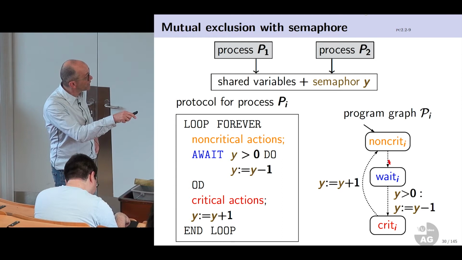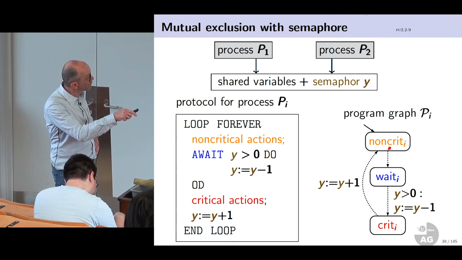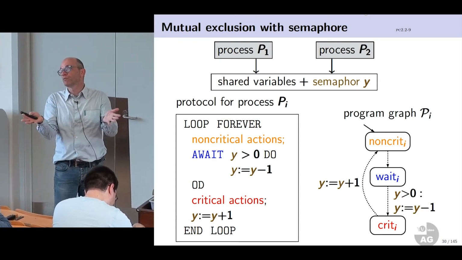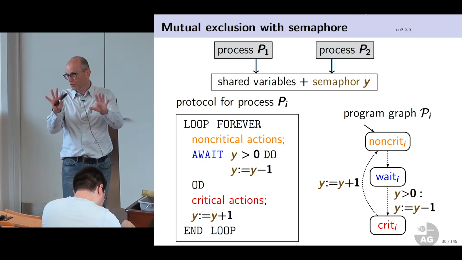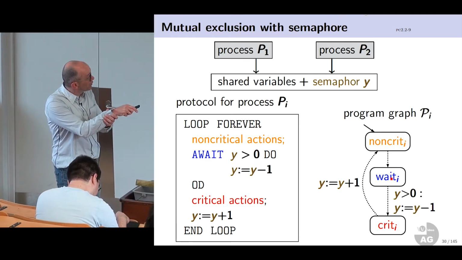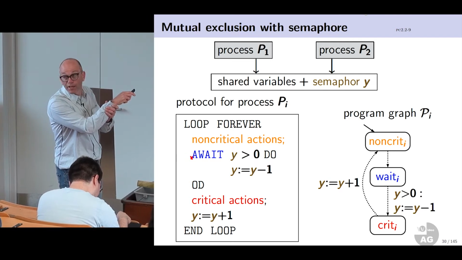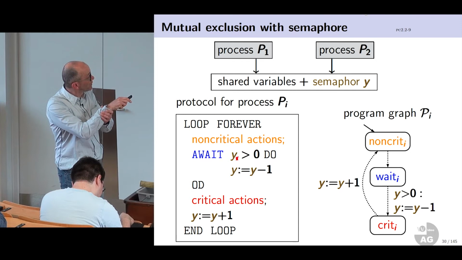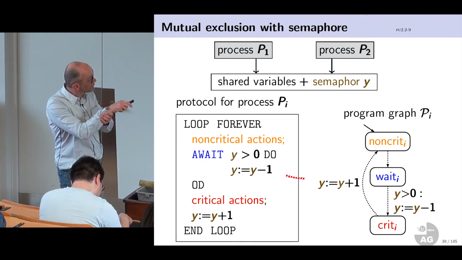This arrow is always enabled, so we start in the non-critical location. The guard is true, and I did not indicate any concrete modifications of the local variables; I just want to stay at the abstract level. Then we move to the location wait I, which corresponds to this line of the pseudocode. Now we have to wait until Y is positive.